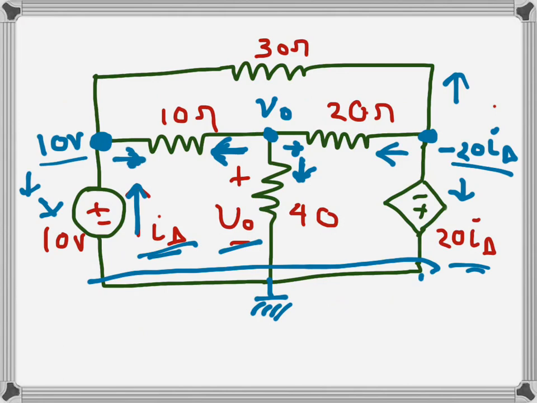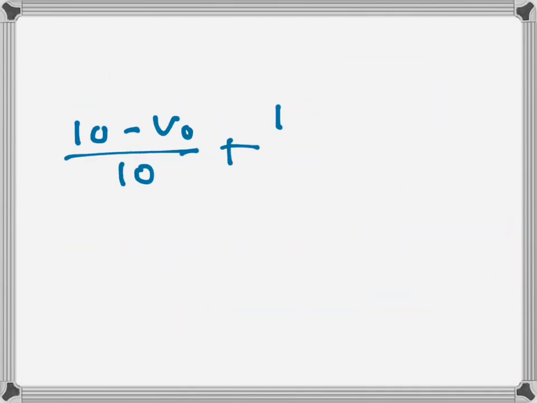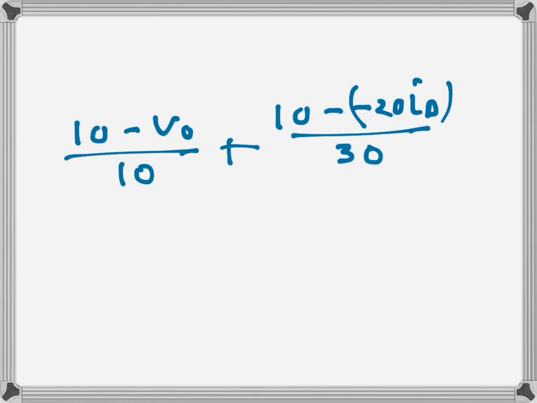And then I will write this current, writing all the outgoing currents on the left hand side: 10 minus 20 I delta divided by 30, because the resistance is 30. And then we have I delta as entering current, so I will write it like that.